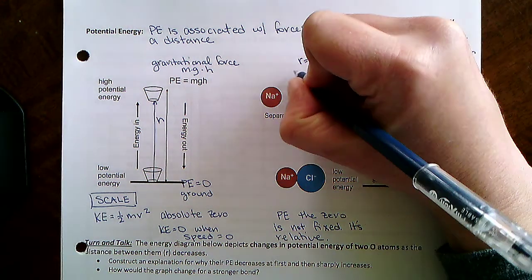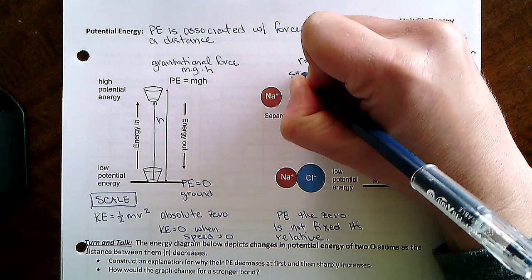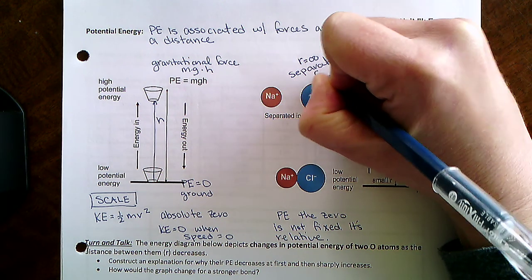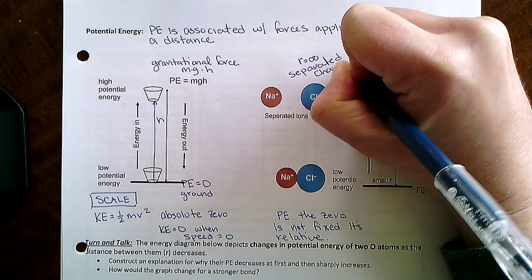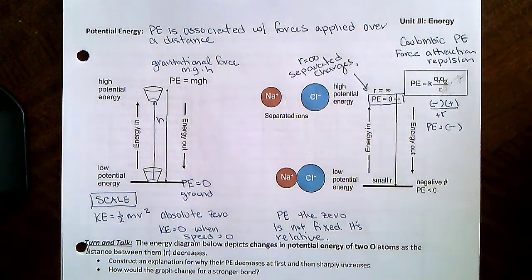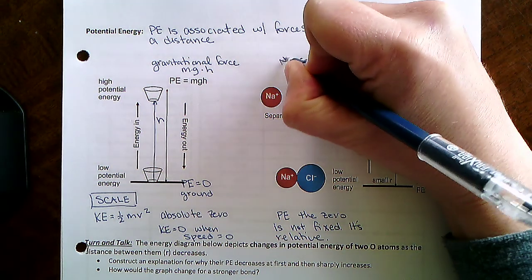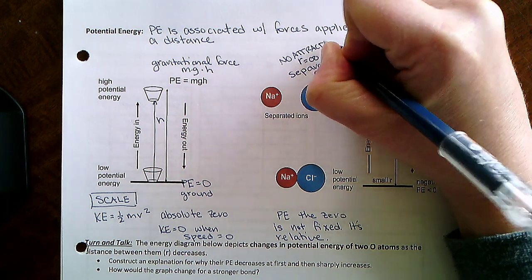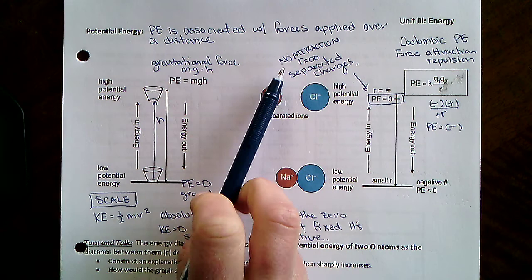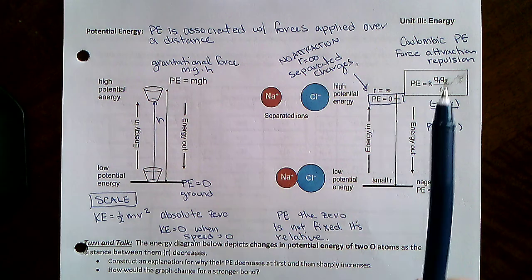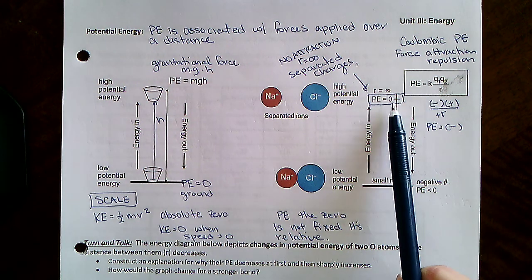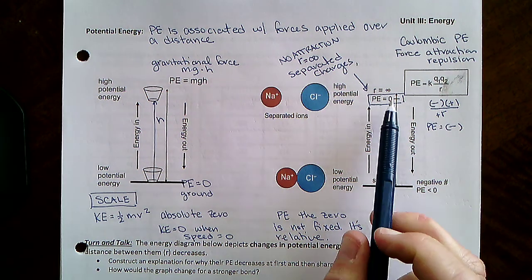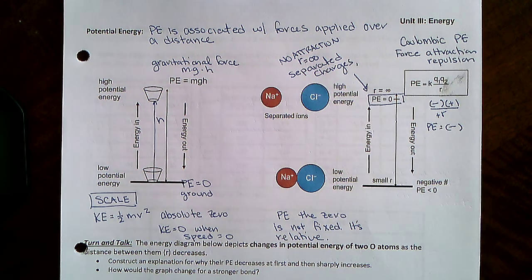So when R is infinity, you're talking about completely separated charges. And you're talking about no attraction. Right? If two things are totally separated, that's when potential energy is zero. This is by convention. Some chemists decided that this is what we were going to call potential energy zero.